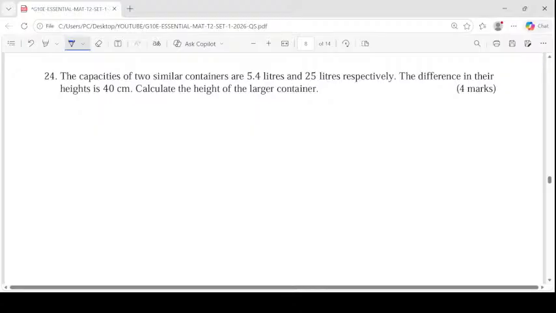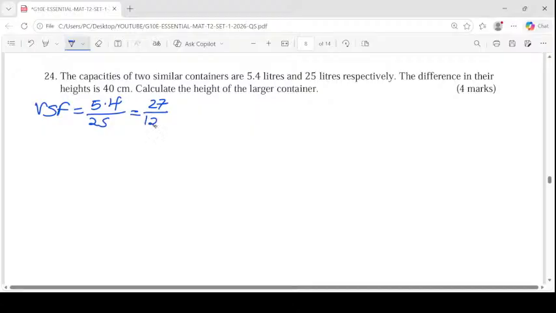Because these are liters and their capacities, those are volume scale factors. So the VSF here will be 5.4 over 25. When you simplify in your calculator, you are going to get 27 over 125.